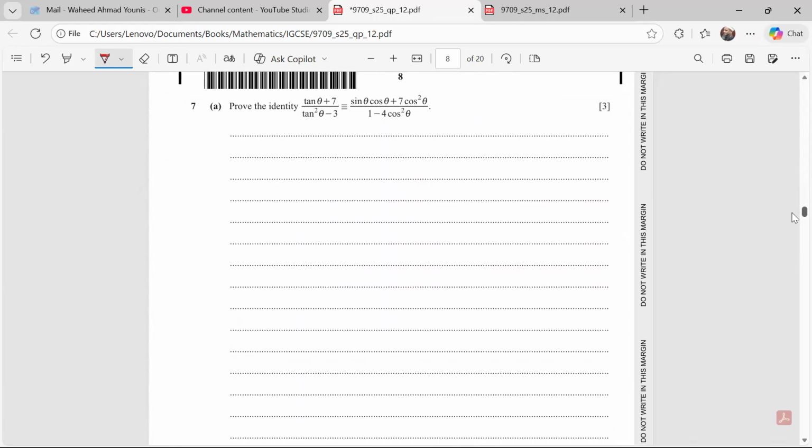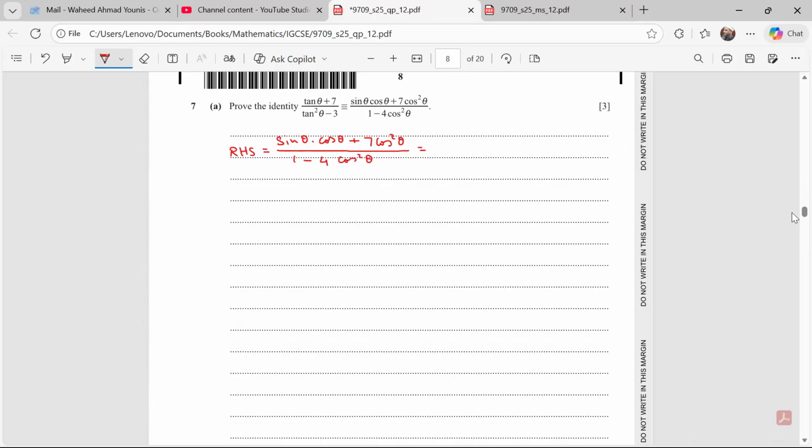Okay, prove the identity. Yes, so I will start with the right hand side here. Okay, right hand side, it is given by sine theta into cos theta plus 7 cos square theta divided by 1 minus 4 cos square theta.